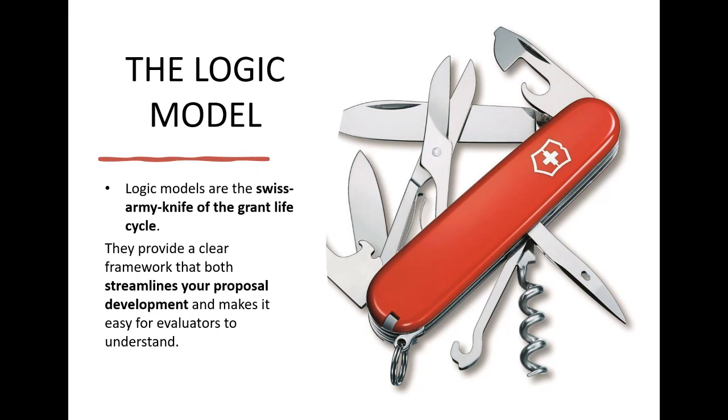Okay, so if you look at the Swiss Army knife, you can see that it's one thing that serves multiple purposes. It can do many things, right? So a logic model says you need to think about your project in its entirety. You need to think about your project from conceptualization, thinking about an idea, all the way to the outcome of the project.